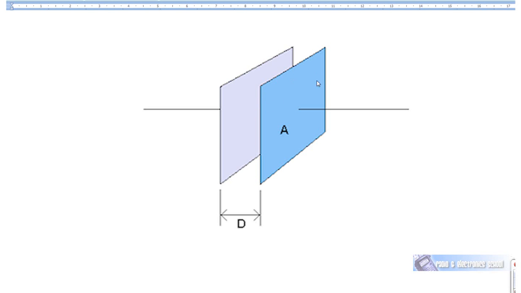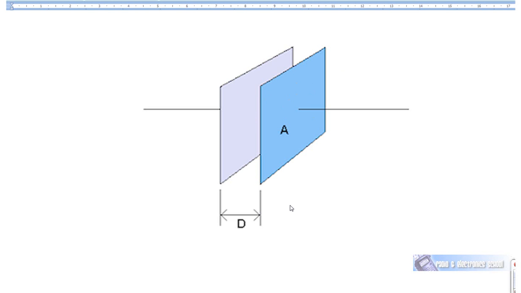We will learn later that many different types of insulators can be used in capacitors. When an insulator is used between the plates of a capacitor, it is called a dielectric. So a capacitor then is simply two conductive plates, separated by a dielectric by a distance d.